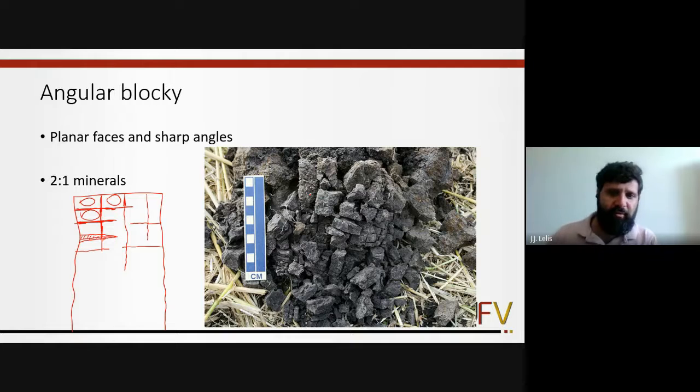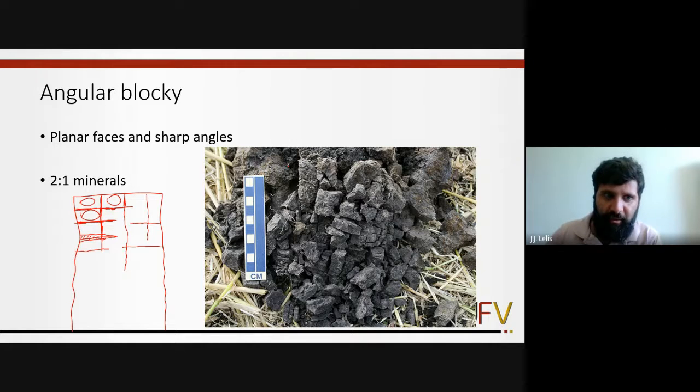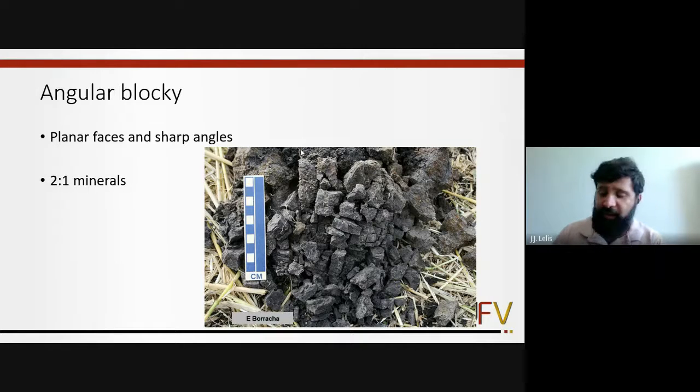Here, we don't see a lot of bioturbation or organic influence in the formation of the pads or in the formation of the aggregates. It's just a physical-chemical process, okay? It is very common in soils that are not so wet or leached.